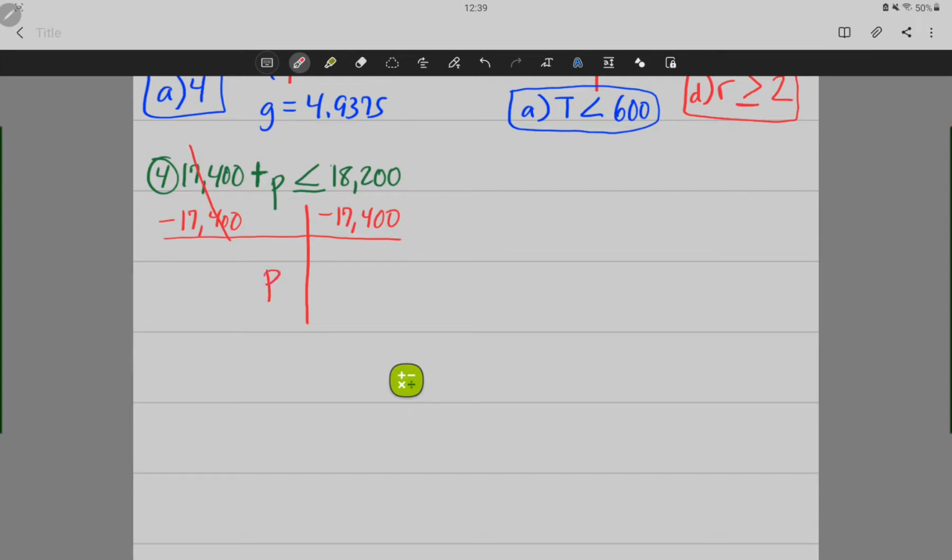Bring down P, and your less than or equal to symbol. And 18,200 minus 17,400 is 800. So P is less than or equal to 800, which is choice C. So that means a maximum of 800 more people can attend, so we can't pass that number.